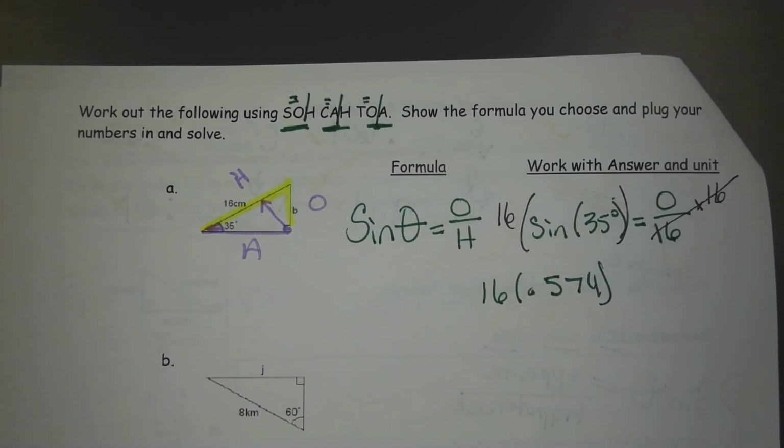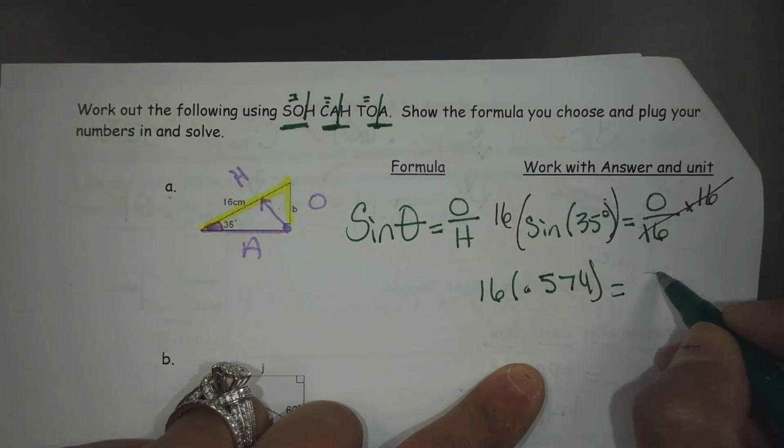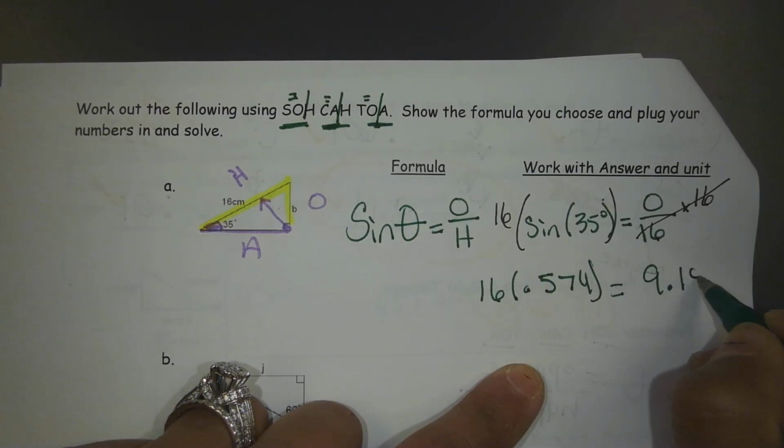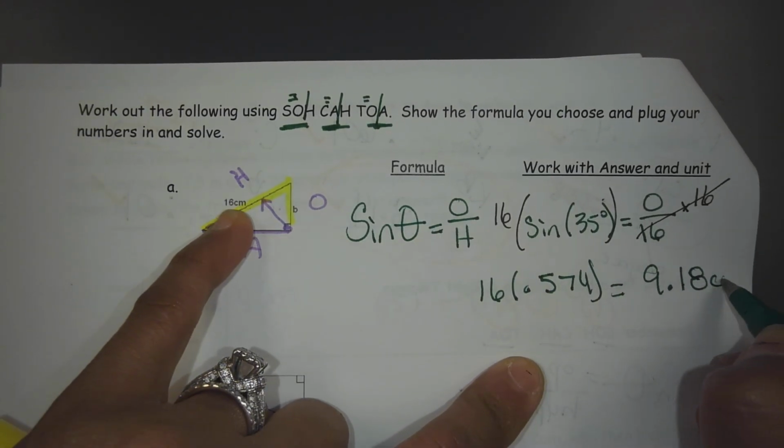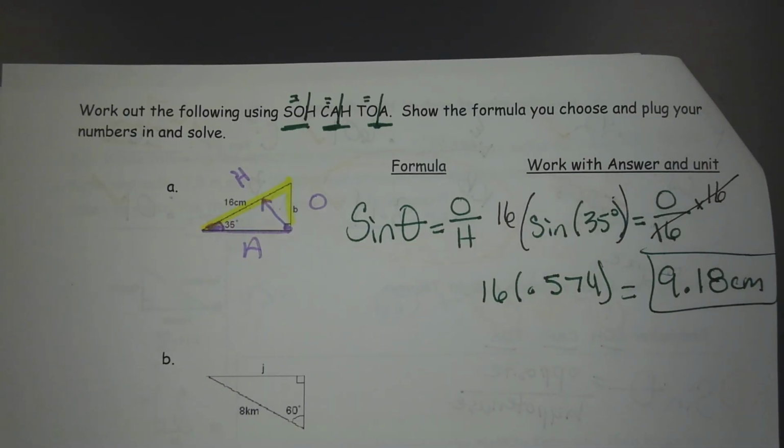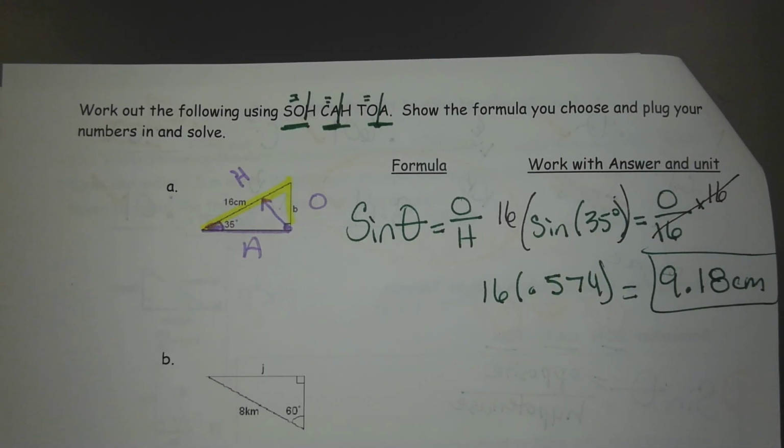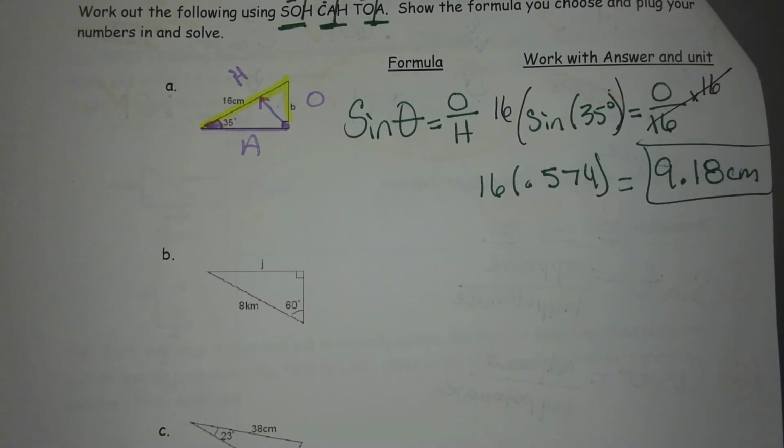Multiply that by 16. I end up with an answer of 9.18 centimeters. Not too bad. Hopefully easy cheesy, I'm hoping. I'm going to skip over B. I'll let you do B.